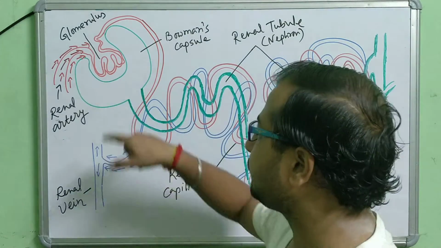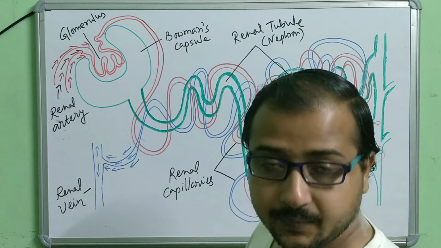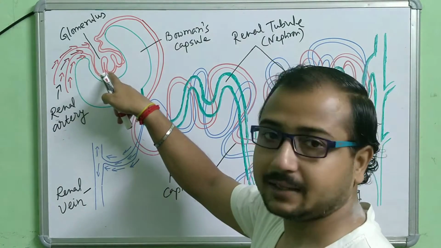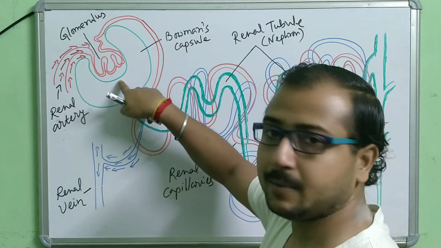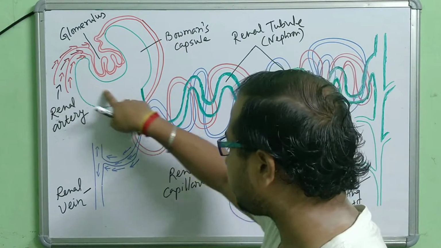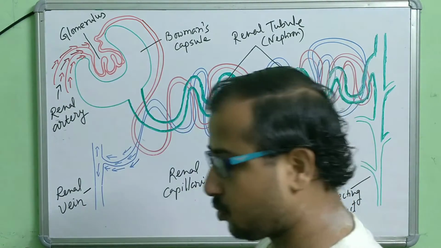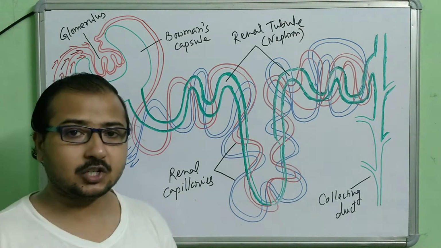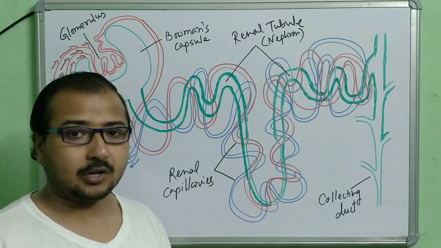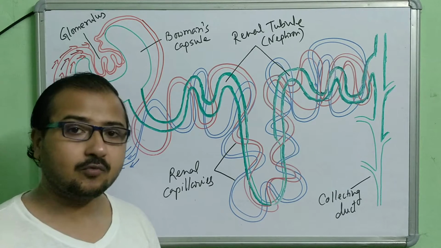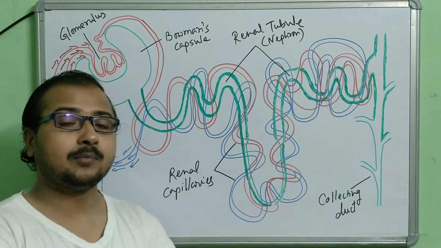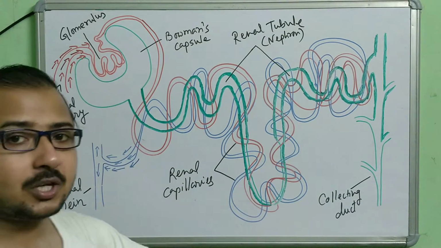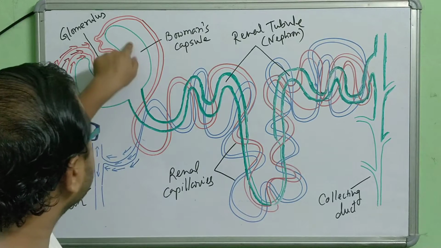As a result, the blood crosses the membrane of the blood capillaries and the membrane of Bowman's capsule and enters this part. Because of the hydrostatic pressure, the wastes from the blood, including excess water and also some important nutrients, are filtered out into the Bowman's capsule.